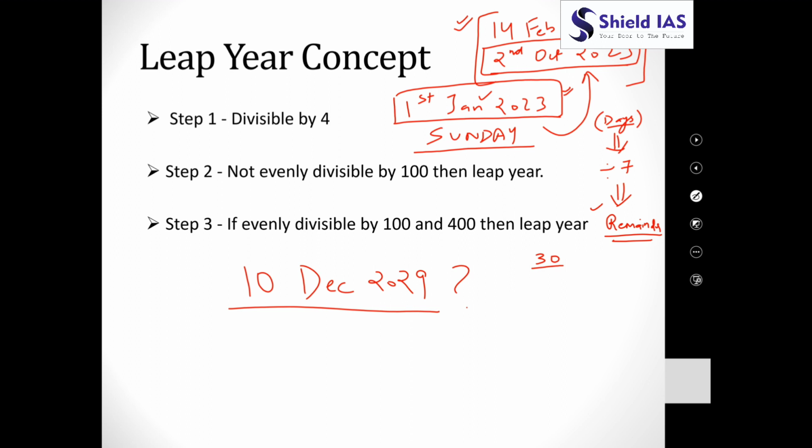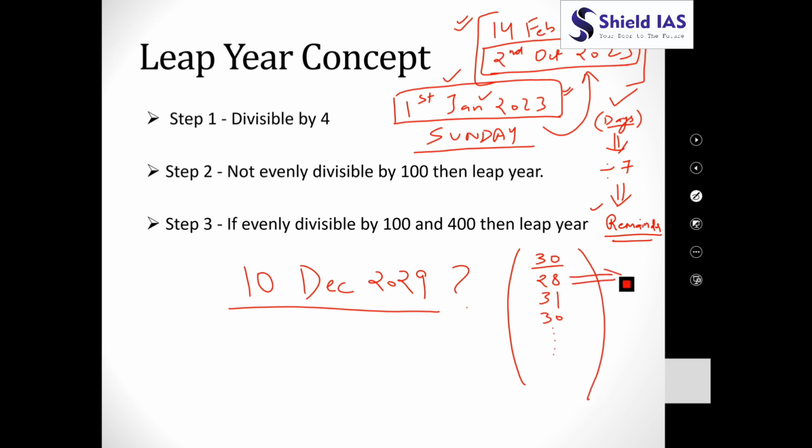So you will always add 2nd of October 2023, but you will never add 1st January 2023 while calculating the number of days that are between these two days, right? So January is 31, February is 28, March is 31, April is 30 and so on. This we have done, right?